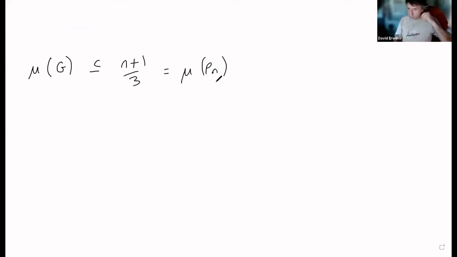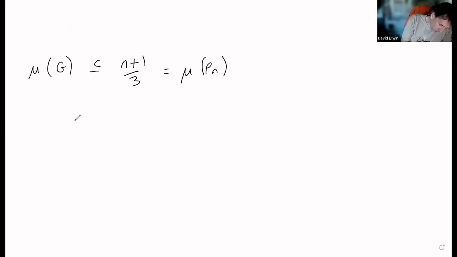What one can then do to show that the average distance of a graph of order n in general is less than or equal to n plus 1 over 3, which is the average distance of Pn, is do this by induction on n. And I'm not going to go through the whole argument here, just mention some of the highlights.